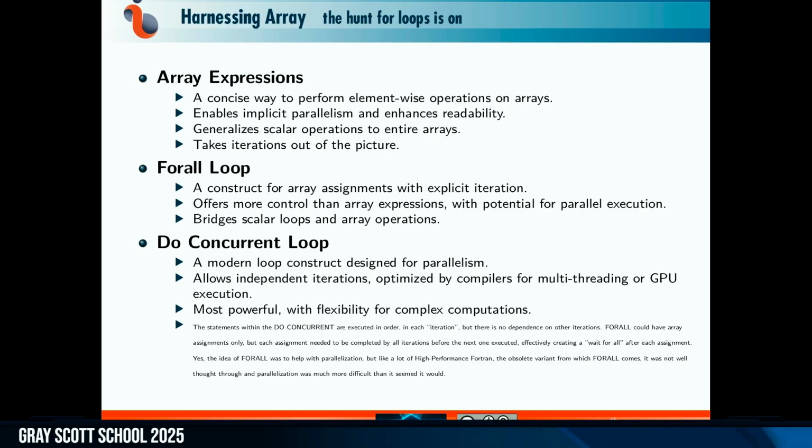For loops, I just mentioned it, but don't use them, rely on do concurrent loops. It allows independent iteration, and as we will see mostly next week with Fortran on GPU, this do concurrent loop can be optimized by the compiler for multi-threading or GPU execution.